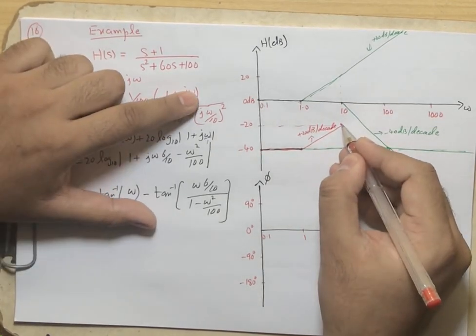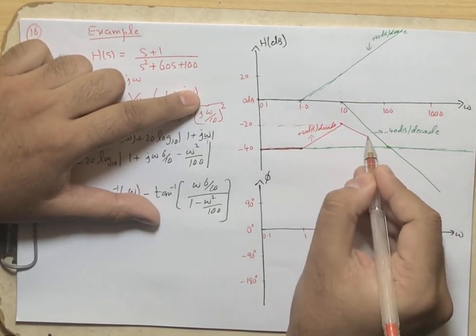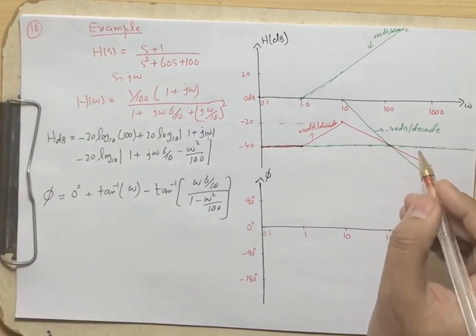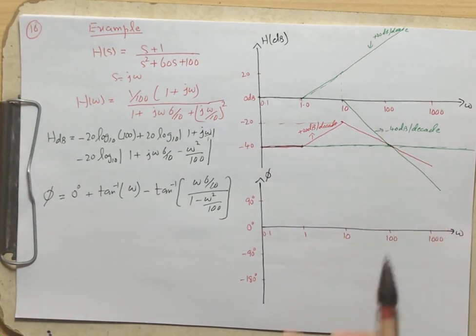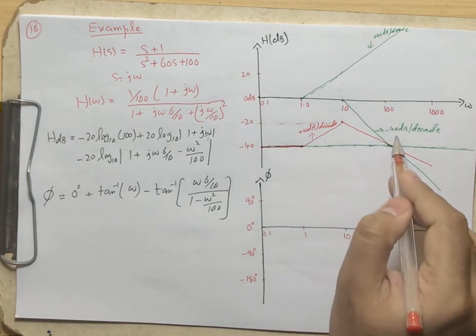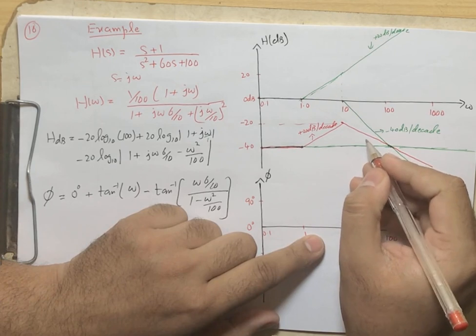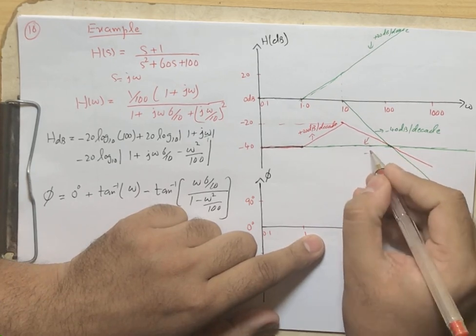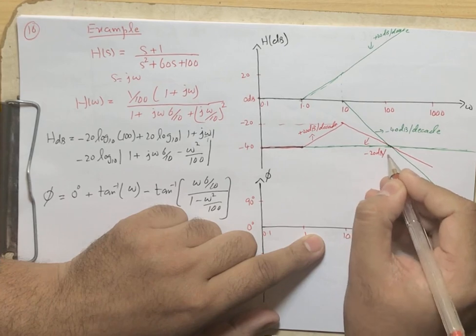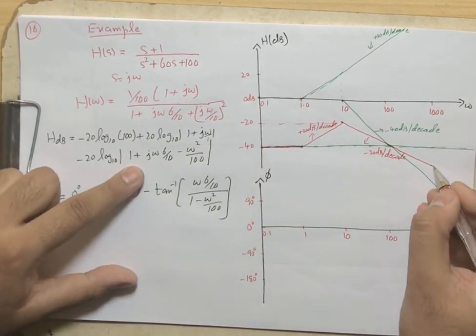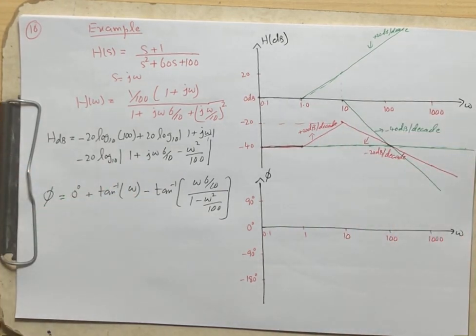And from 10 onward, it is minus 40 and plus 20. So this is a straight line, and minus 40 plus 20 will be minus 20 dB per decade. So this red line is the magnitude plot.